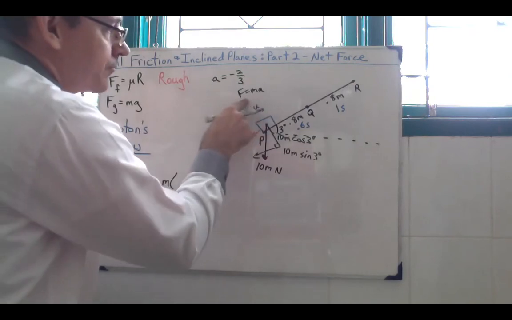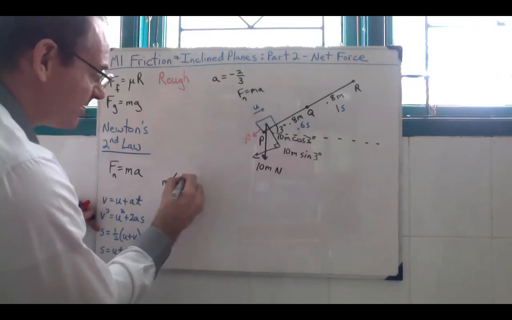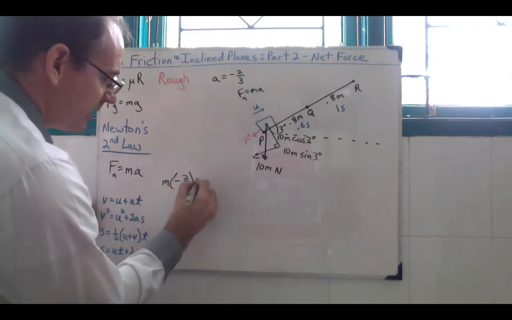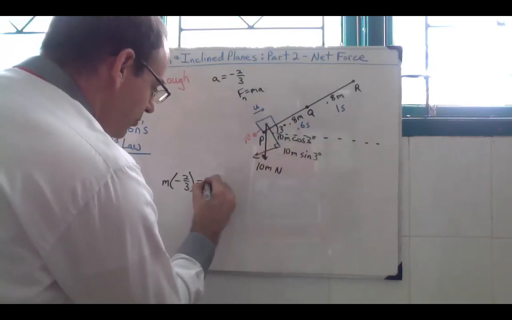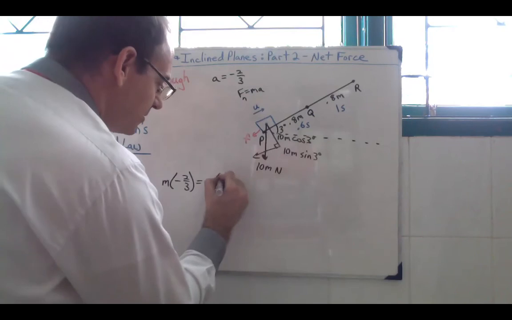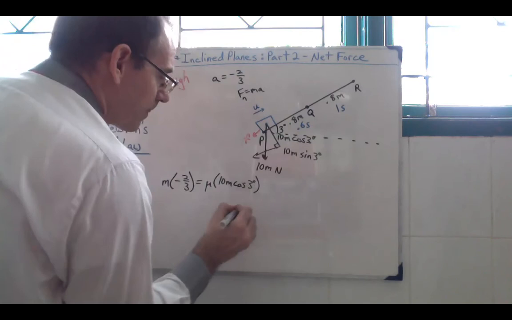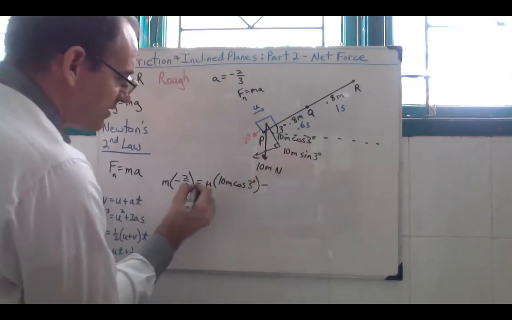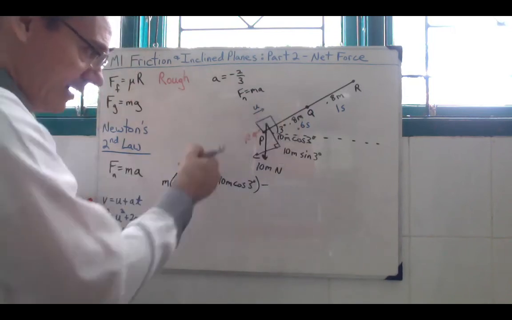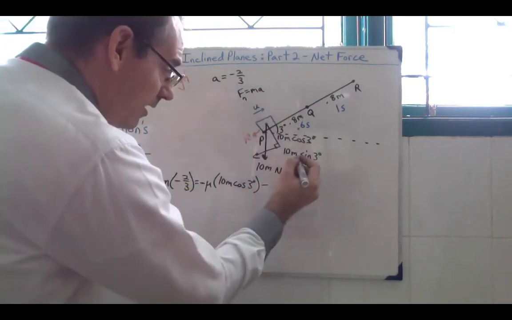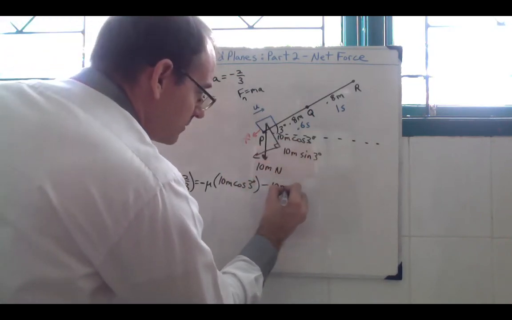The mass we don't know, acceleration is -2/3, equals our force of friction, which is mu times the normal contact force, 10m cosine 3 degrees, minus, and it's negative because it's going against this, minus the 10m sine of 3 degrees.